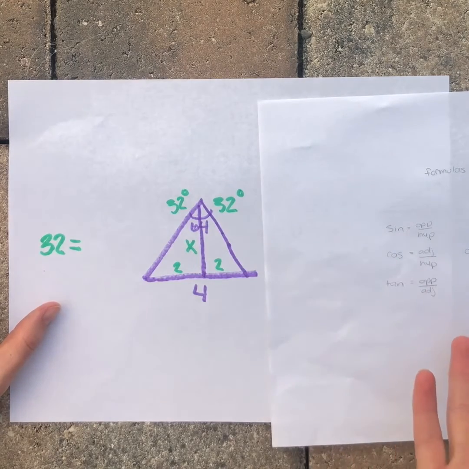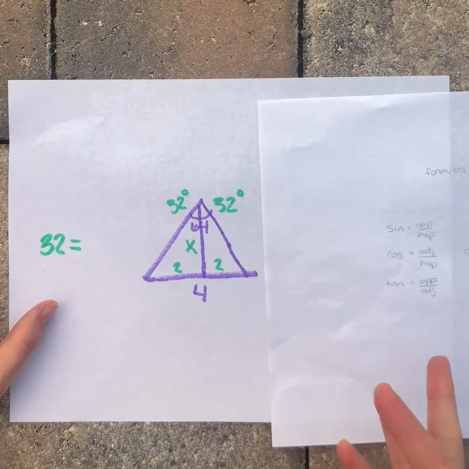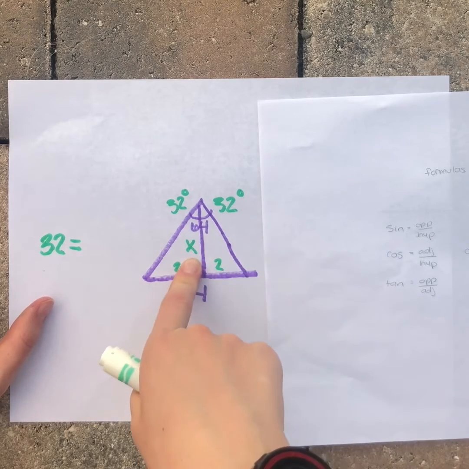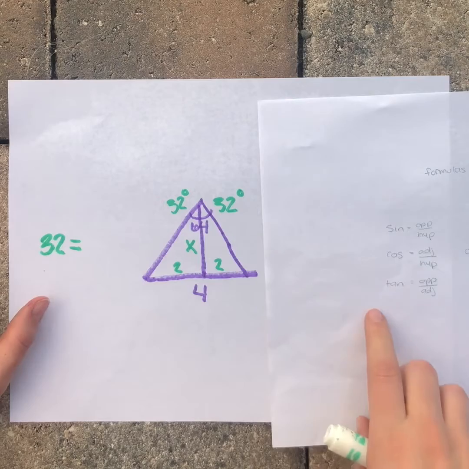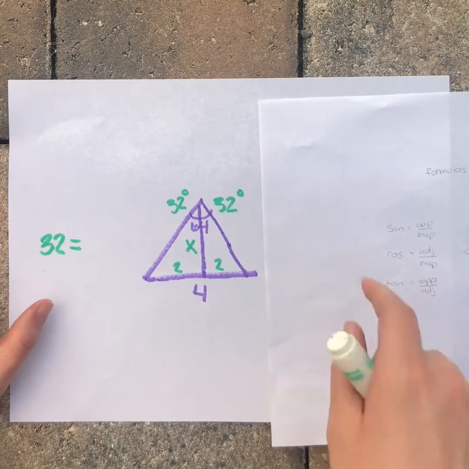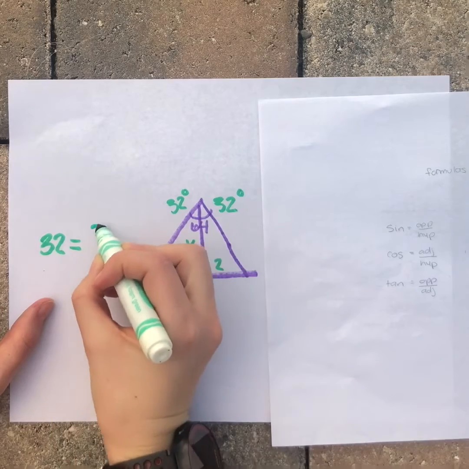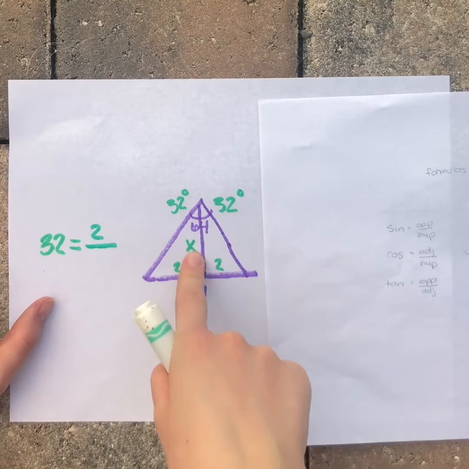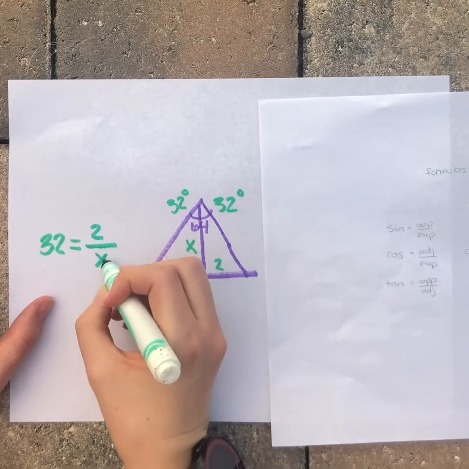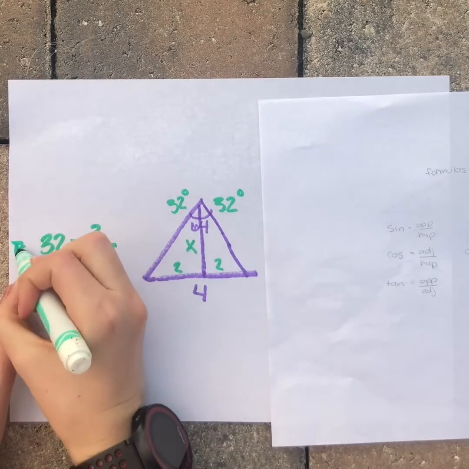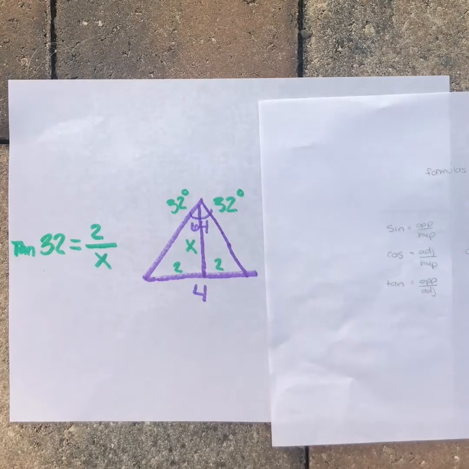So the best equation we can do with what we know is we have our opposite and we don't have our hypotenuse, so we're gonna use this equation, tangent, with opposite over adjacent. So opposite is 2 and adjacent is our x value. And since we use tangent, we're gonna put our tan right in front of 32.